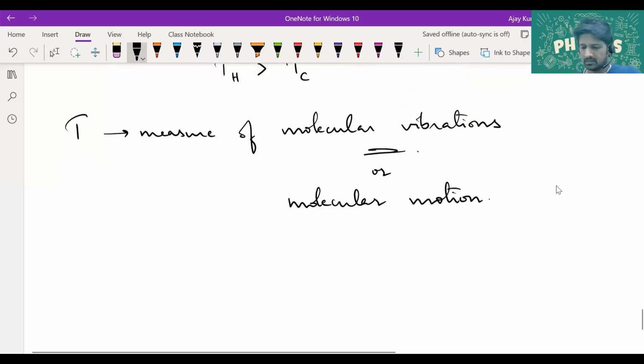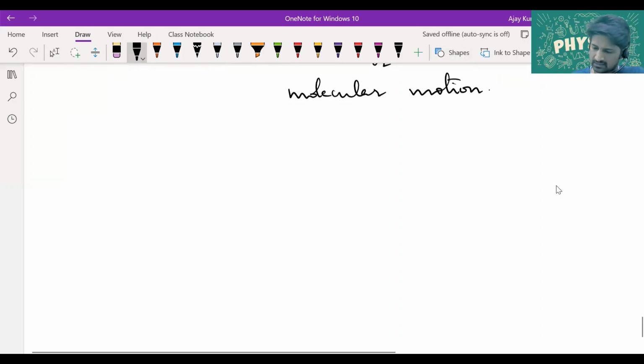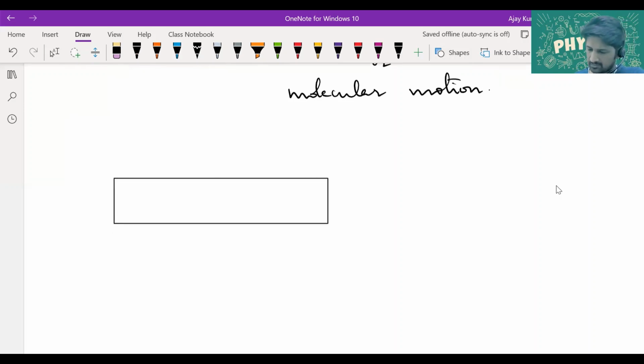Now consider a solid object. Even in solids, there is a gap between molecules. We know that in solids, molecules are tightly packed, but that doesn't mean there is no space between them at all. There will definitely be space between them.